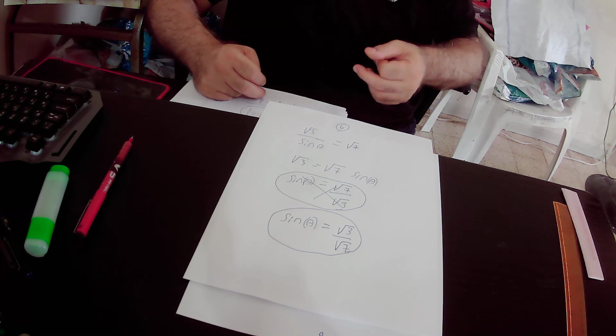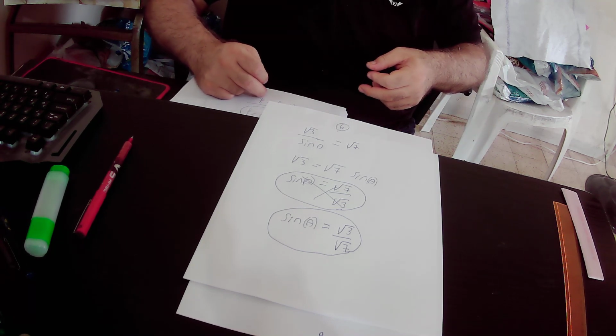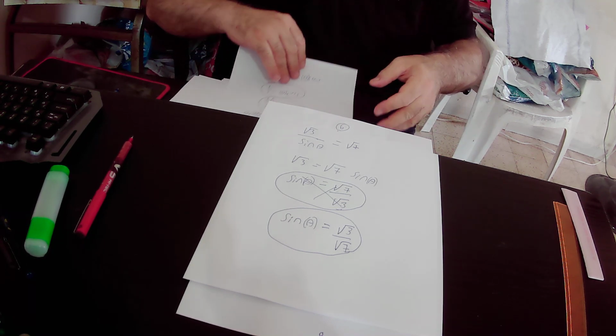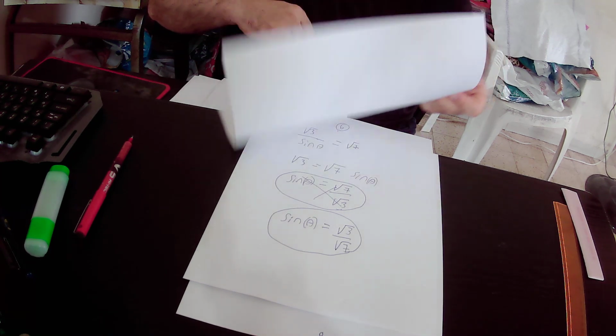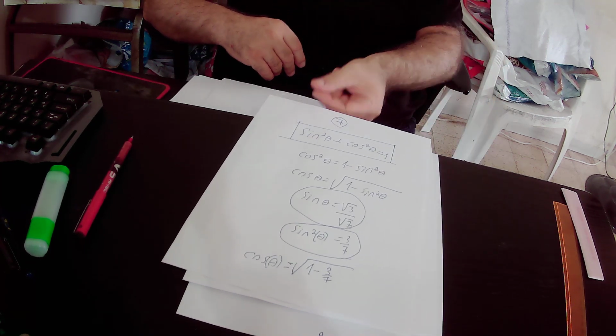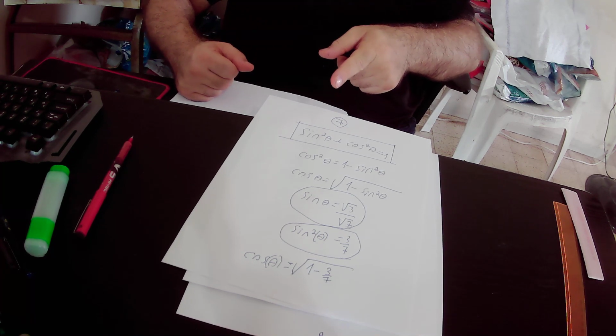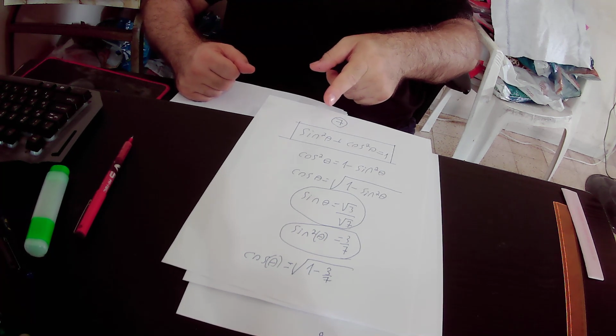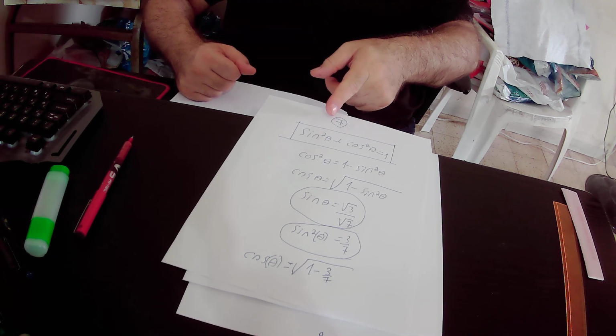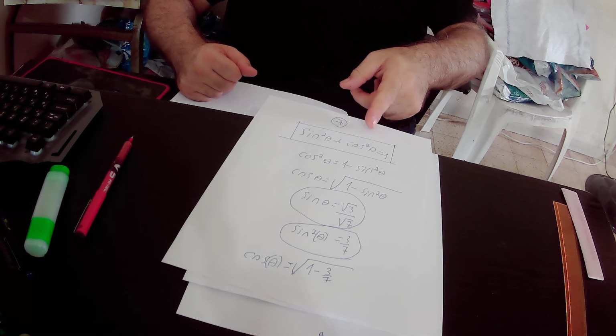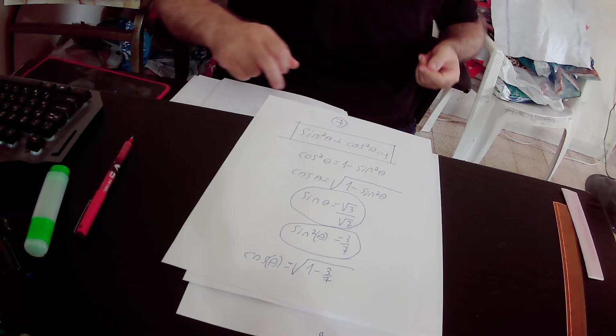We also found the value of cosine theta by using the first trigonometric identity, which states that sine theta squared plus cosine theta squared equals 1.